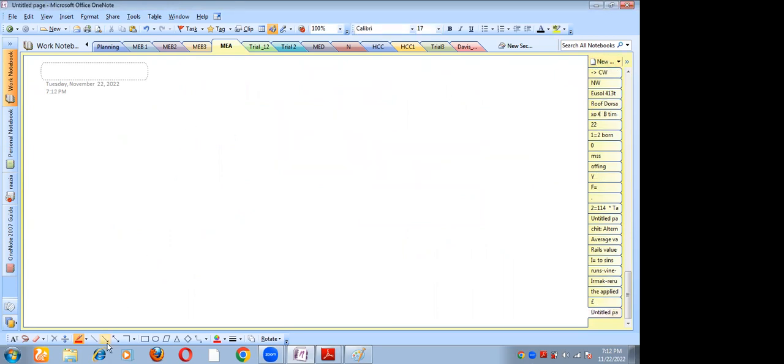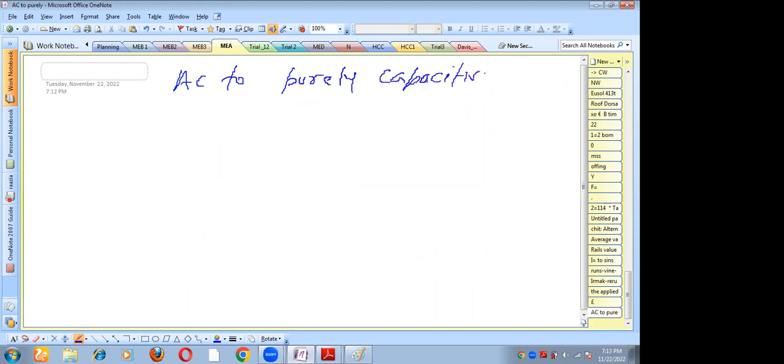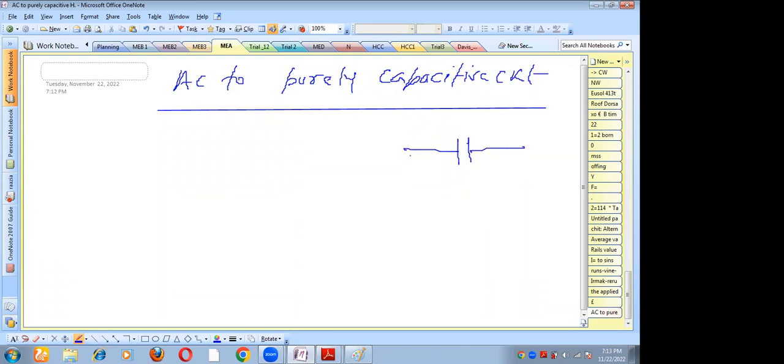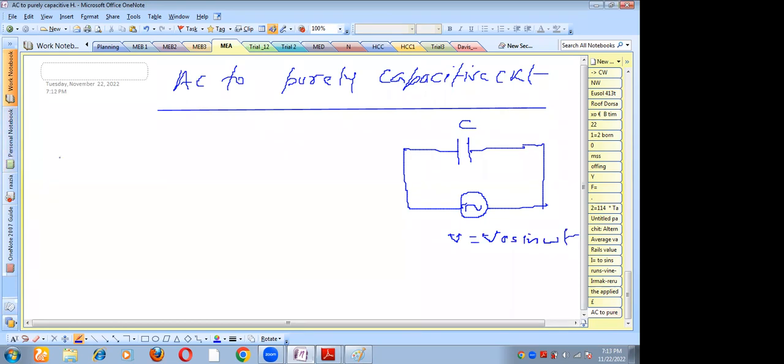So similarly, if you apply AC voltage to a purely resistive circuit, to a purely capacitive circuit, in that case, what will happen?